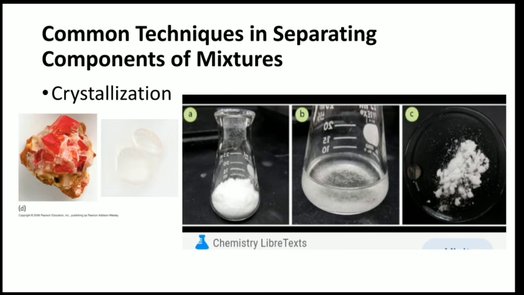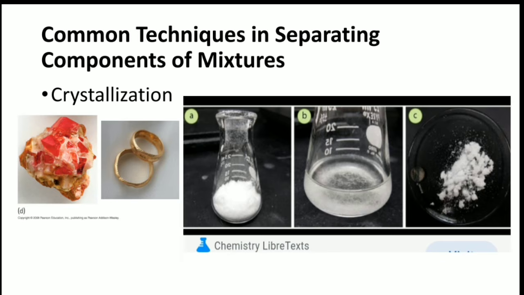Same with metals. So metals are taken from mining sites, sometimes have impurities. They are being dissolved in particular solvents and then allowed to recrystallize, to be reformed as pure metal substances.